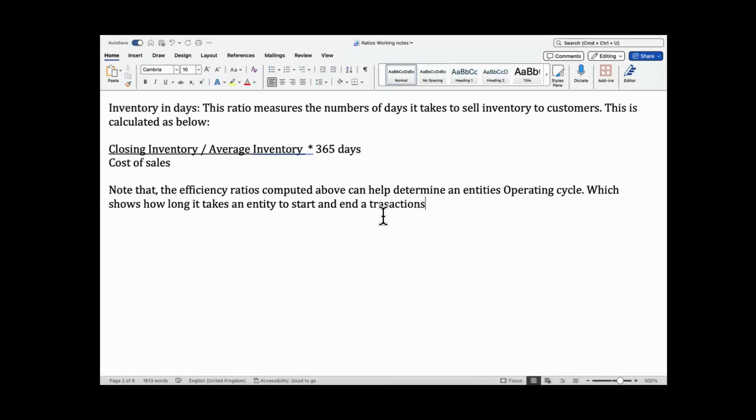So how long does it take you to start and end? What's the duration? And this is calculated as below.